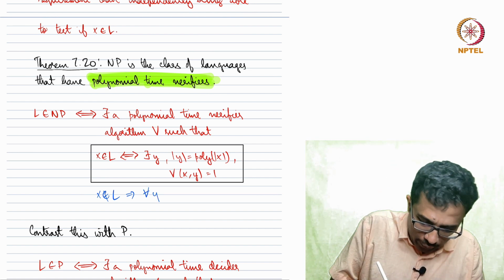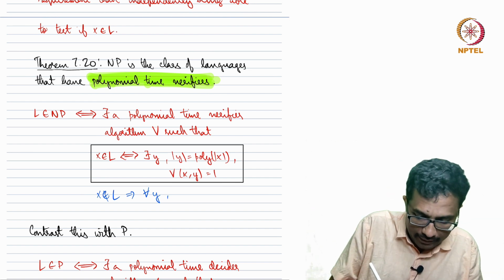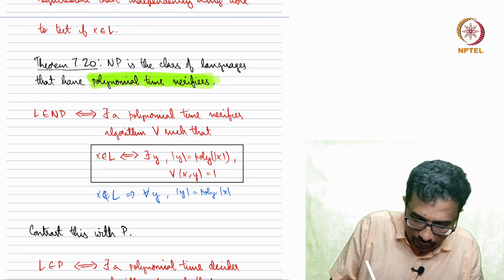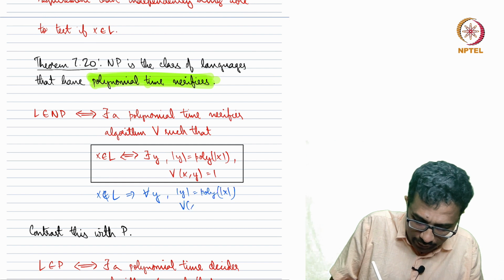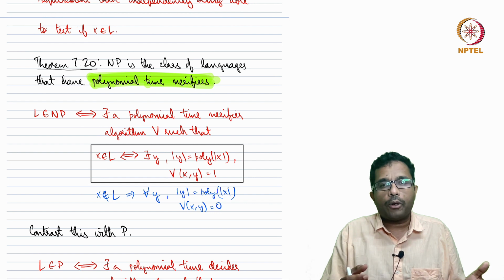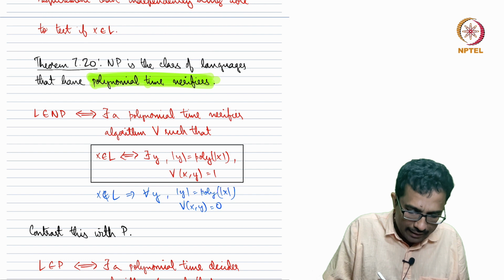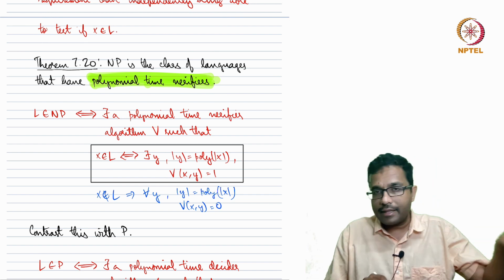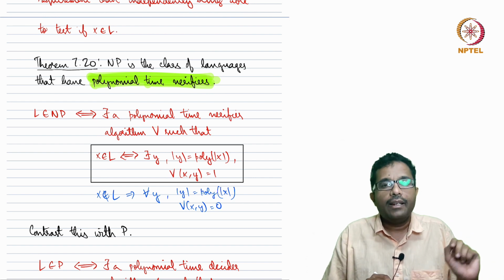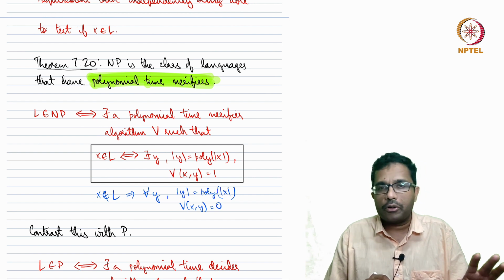So for all the possible certificate strings, or for all the possible 3 colorings which are of polynomial length, V(x,y) should be 0, meaning whatever 3 coloring you assign should not be a proper 3 coloring if the graph is not 3 colorable. So this is the negation. If x is in L, there should exist a proper 3 coloring, L being the language of all 3 colorable graphs. If the graph is not 3 colorable, then no matter what 3 coloring you assign, it is not going to work, right?